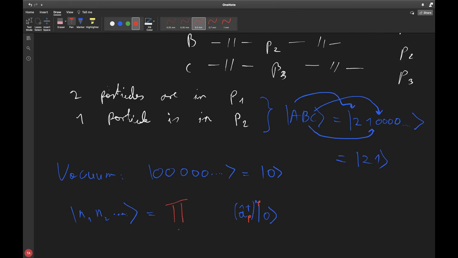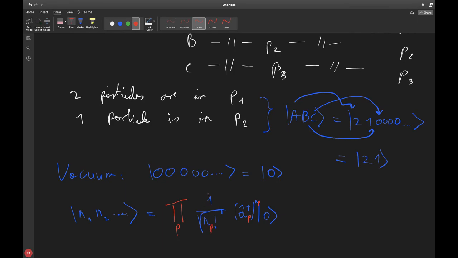It's not a sum, but a product over this p, and we should not forget that we had this normalization of the square root of n factorial. That's what we had earlier. So that just changes to n_p.